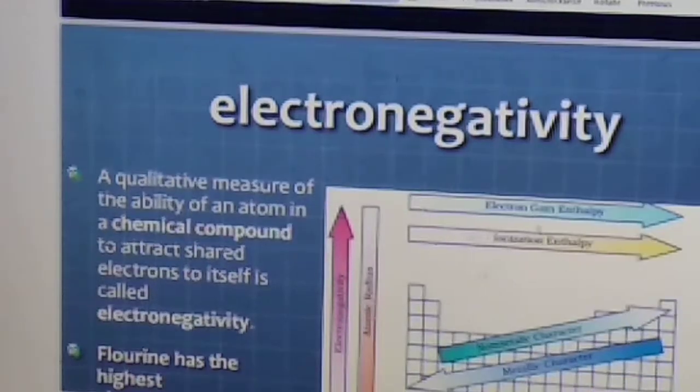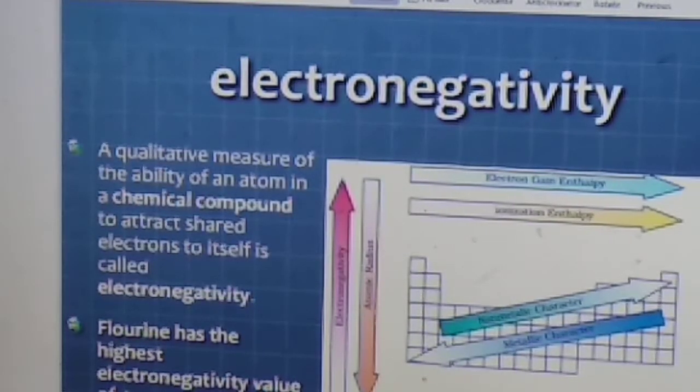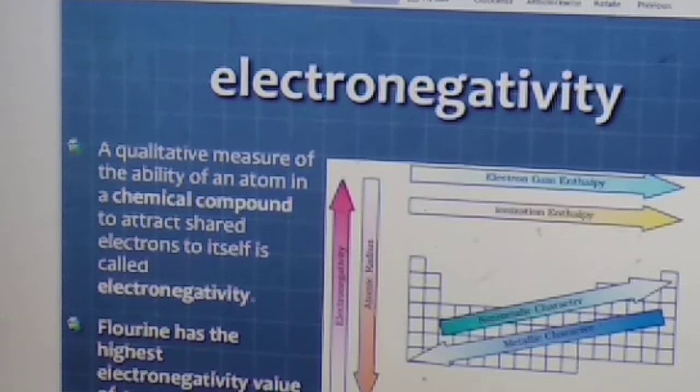This is a physical property of the elements. Electronegativity is the ability to attract the shared pair of electrons towards the more electronegative bonded atom. A qualitative measure of the ability of an atom in a chemical compound to attract shared electrons to itself is called electronegativity.